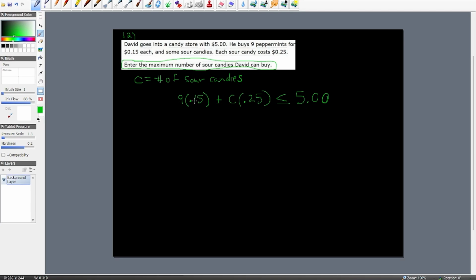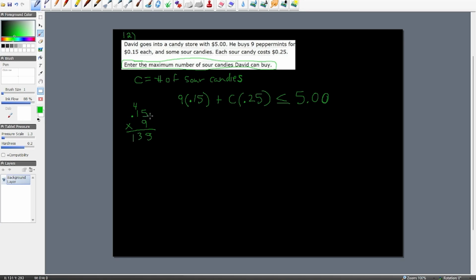Let's set about simplifying this. So we have 9 times 0.15. We can just multiply that out. Whenever you're multiplying, it's always best practice to put the number with more digits, the longer number, as in this case 0.15, on top. 9 times 5 is 45. 9 times 1 is 9, plus 4 is 13.